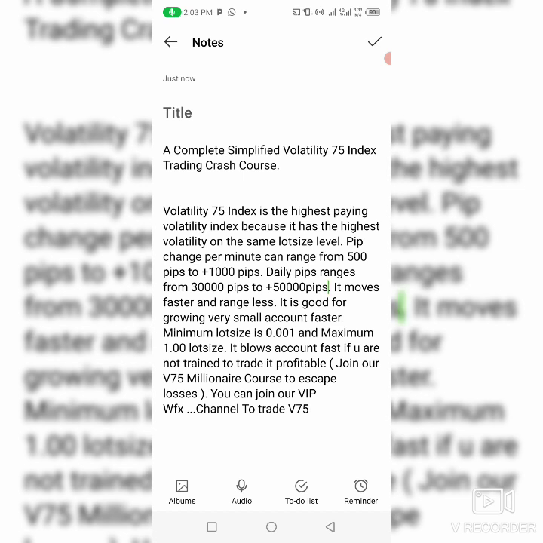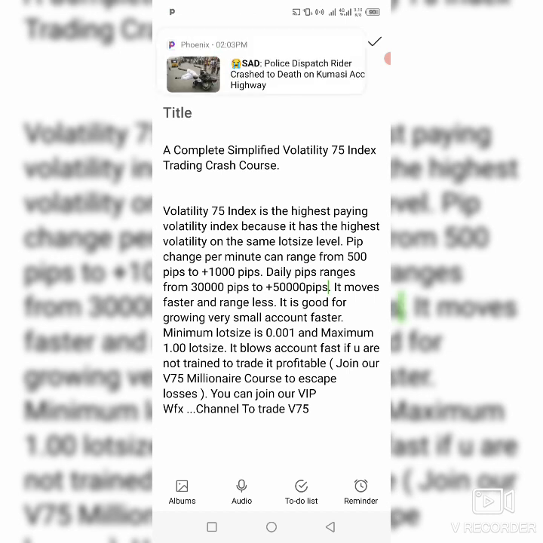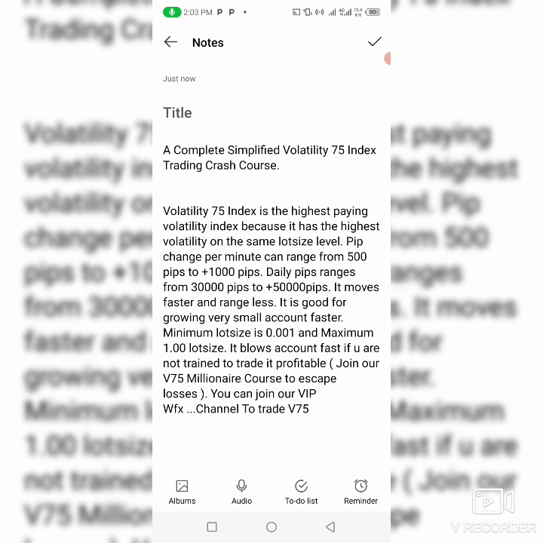It will break out into a fast movement of price, which is a trend. So it's good to trade a trending market. When it moves faster, it means that if it ranges, it doesn't take much time to stop the range and start moving at high speed.